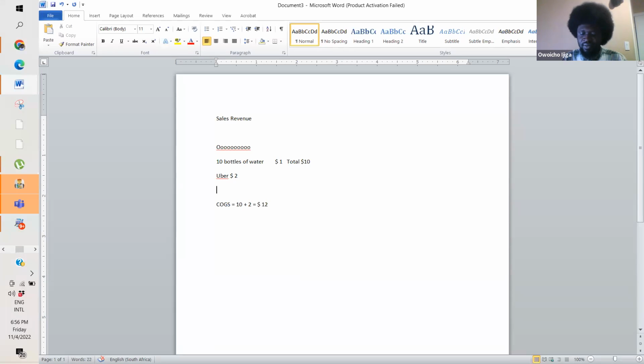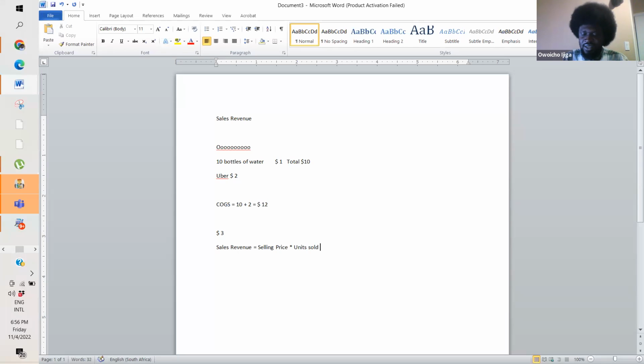Assuming that I sell each bottle for $3 to the people in the desert, I'll make a sales revenue. The sales revenue is equal to the unit selling price times the units sold.